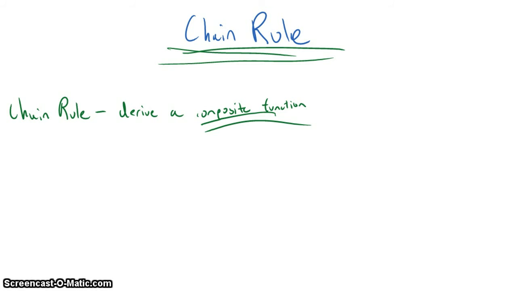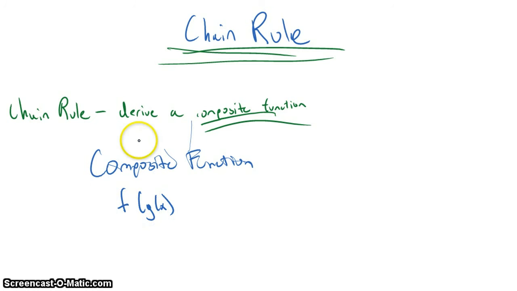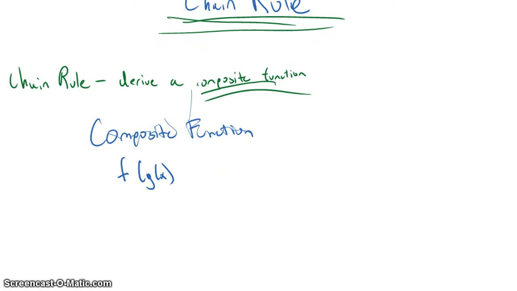What is a composite function? So, a composite function is a function inside of a function. So, let's say we have f of g of x.